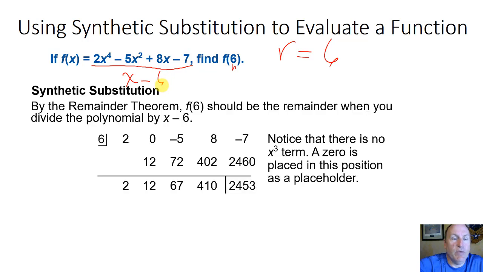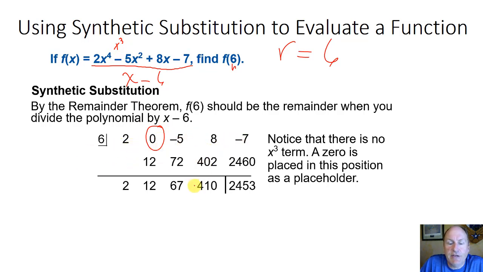So if we do that and put in all the coefficients, very important, if a degree is missing from our original polynomial, we need to put in a 0 for it. Since there is no x to the third term, we put a 0 in the x to the third spot. That's why we have 2, 0, negative 5, 8, negative 7.